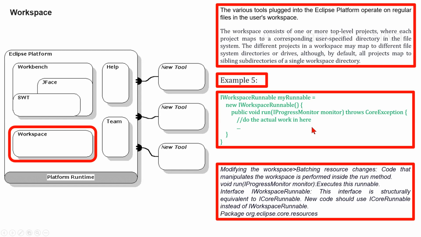This way, the workspace can generate any necessary change events and ensure that no two plugins are modifying the same resource at the same time. Even if your plugin is not using background jobs and the concurrency framework to modify the workspace, other plugins may be doing so. Do actual work in here.